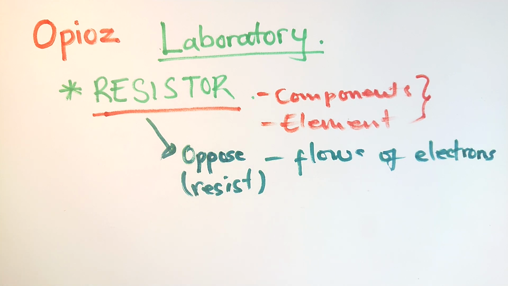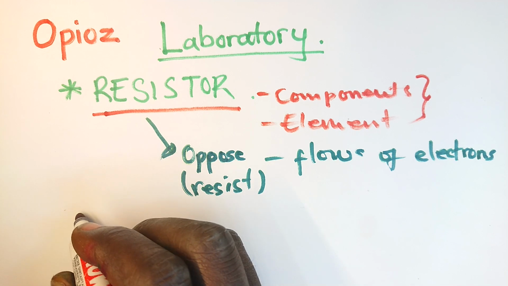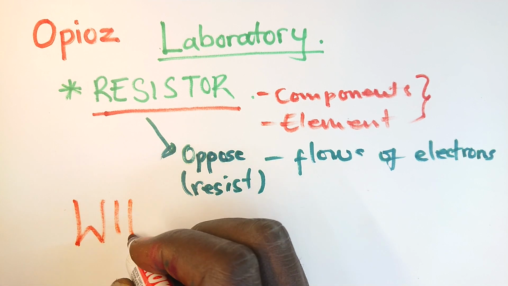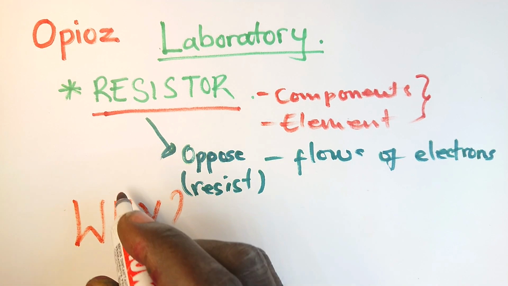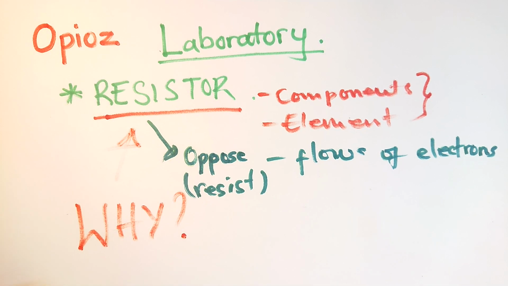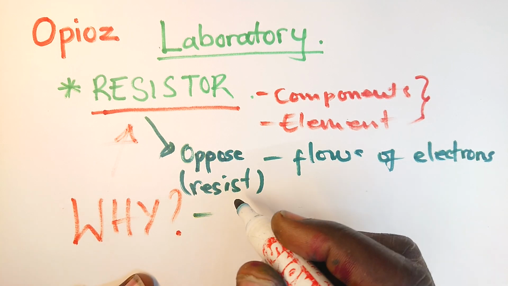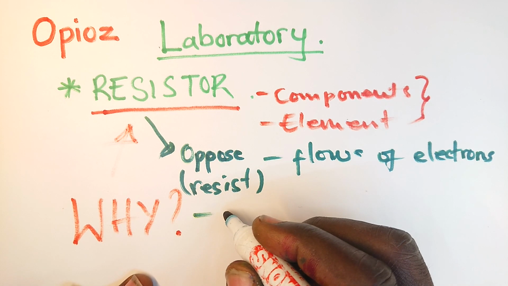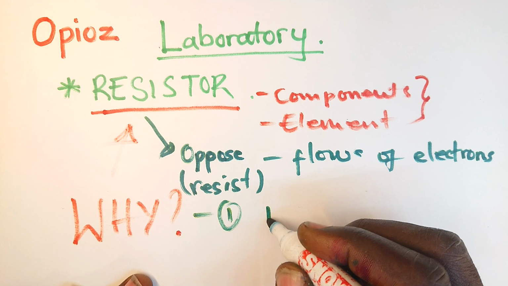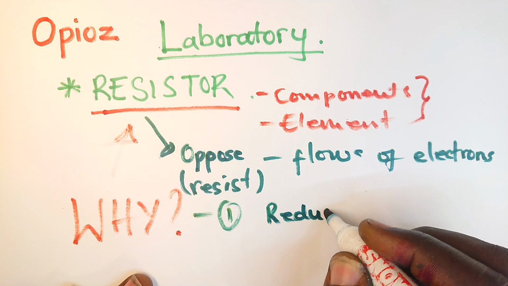So I think today I want to introduce why you should know about resistors. Basically, you need to know that because you need to understand that it's useful in certain scenarios. One, we normally use it when we want to reduce the amount of current flowing.